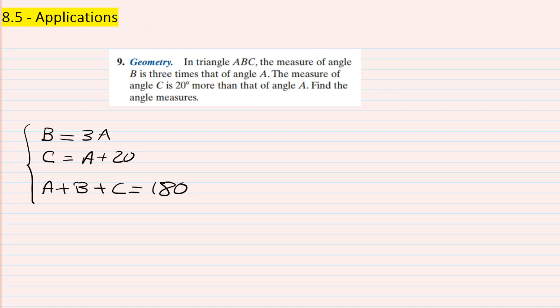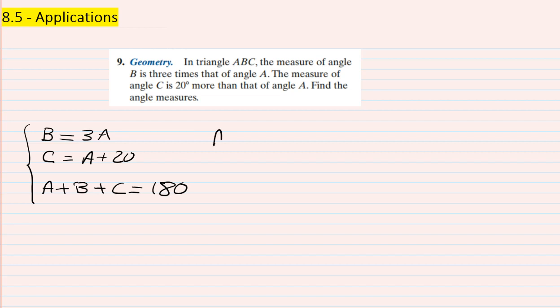Now, once I have the system, then I can solve this easily, because if you note, B is stated in terms of A, so is C. Both of those are stated in terms of A. So I can actually substitute for B and C into the third equation, and that's exactly what I'm going to do.